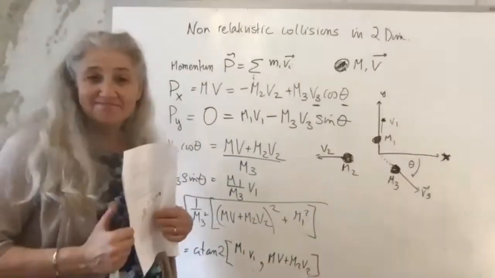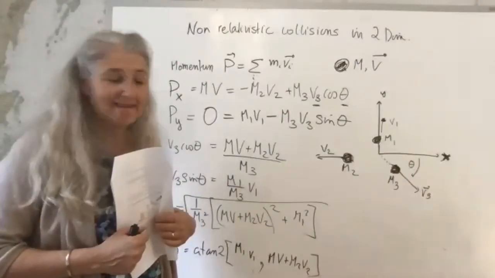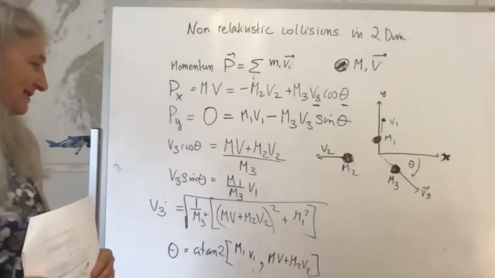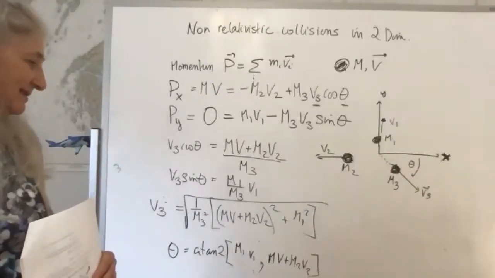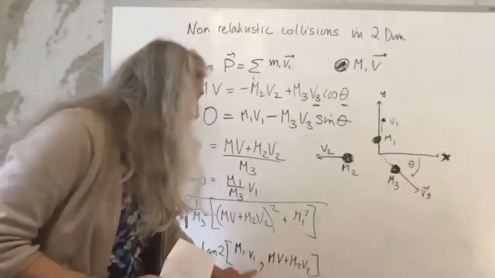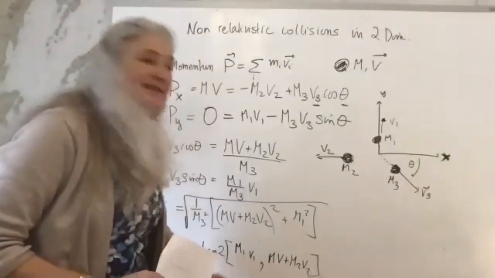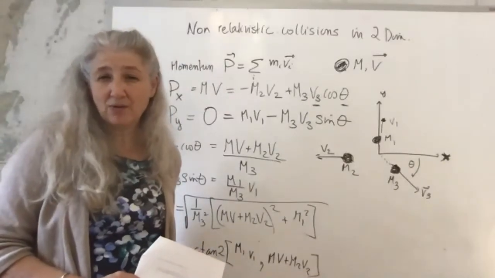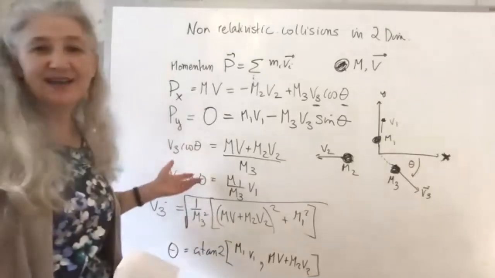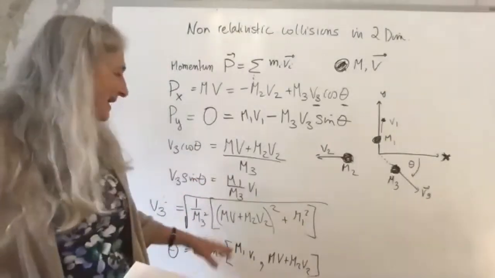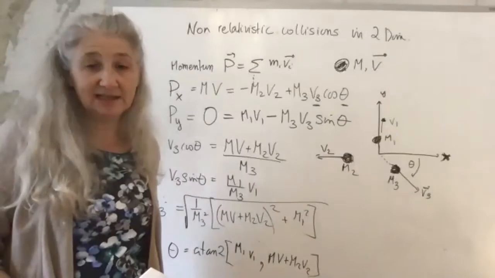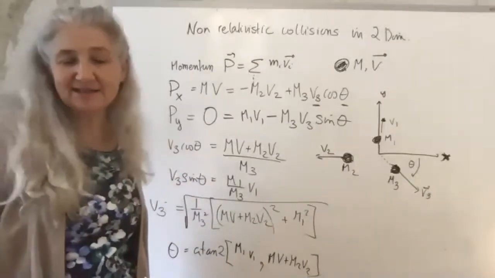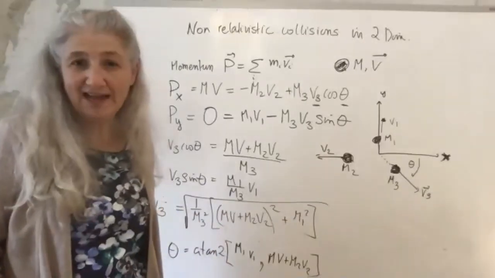Professor? Yes? I have a quick question. In the last expression with atan2, what is the symbol between m1 v1 and mv plus m2 v2? Oh, this is a comma. I don't know if you remember that it's handy to have this function atan2, which gives you the right quadrant of things. I tend to use it. You could just take the atan of the ratio, and then you have to check that you get the sign right. Every time you use inverse tangents, there's always this issue of being off by pi.